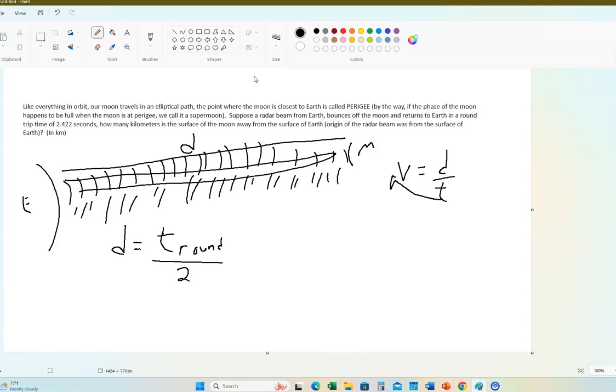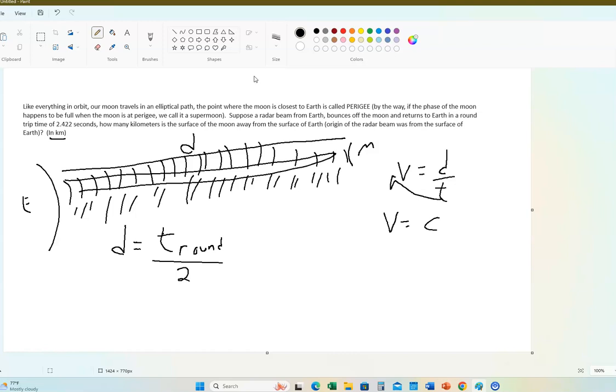The other thing is, since it's radar, it's traveling at the speed of light. So in this case, v is equal to c, the speed of light. Since we want the answer in kilometers, we're going to use the speed of light in kilometers per second.